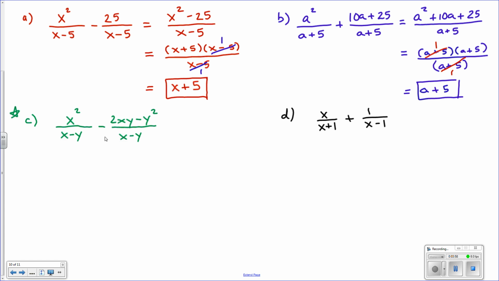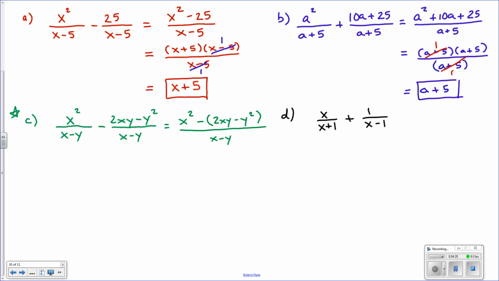So as we look to rewrite this as one fraction, I'm going to say x squared minus the entire numerator of our other fraction, and that is all over x minus y.